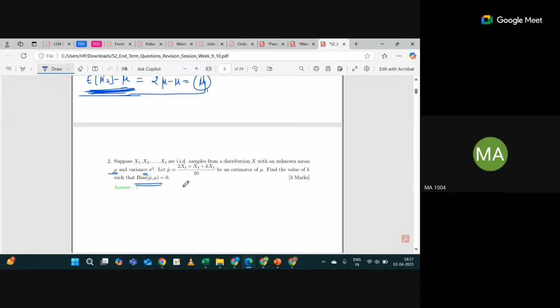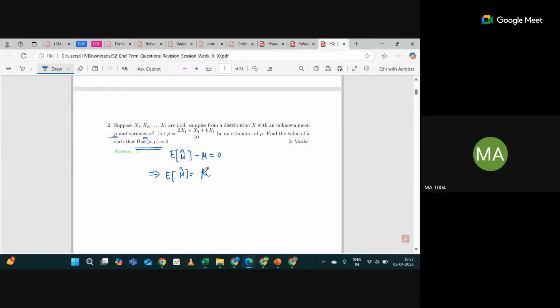So everyone is getting it. See, bias is equal to 0. This means expected value of mu hat minus mu is equal to 0. This means I will say expected value of mu hat equals mu, right? So expected value of mu hat means it will be 2 times expected value of x1 plus expected value of x3 plus k times expected value of x5, divided by 10, equal to mu.